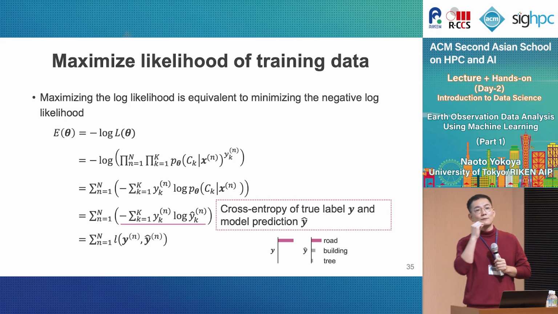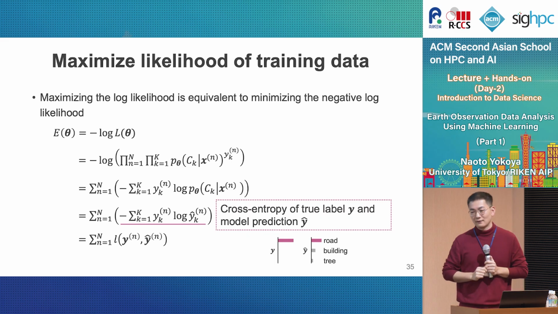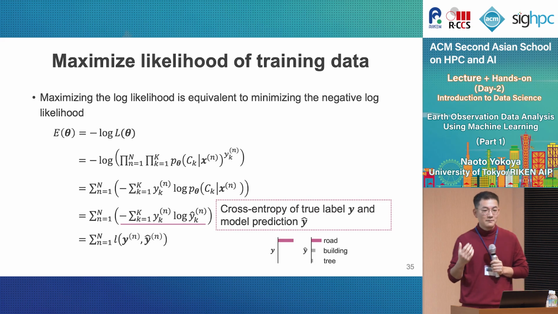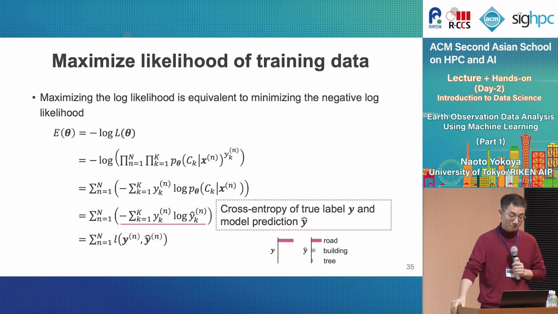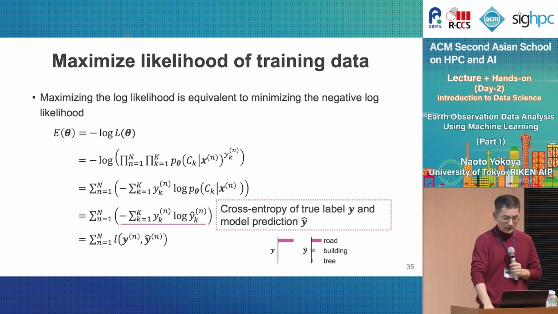In terms of code it's just one line, but you may remind yourself, oh, we are maximizing likelihood. And so it's measuring some discrepancy between two different distributions. Very simple. We just want to make the prediction close to the true label.